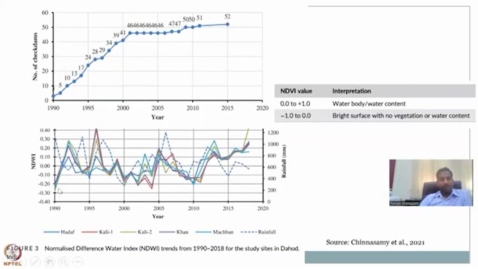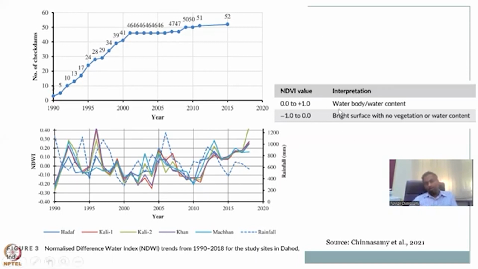The negative values are mostly built up and barren land, whereas the soil water capacity has increased drastically. And you can definitely see that in the drought years, even though the rainfall is coming down, this NDWI value does not come down fast.